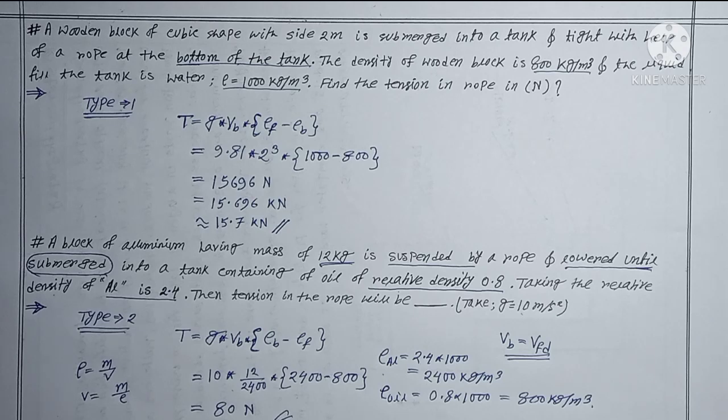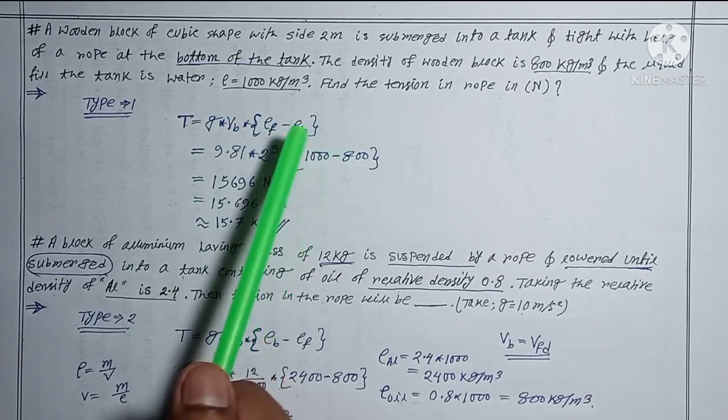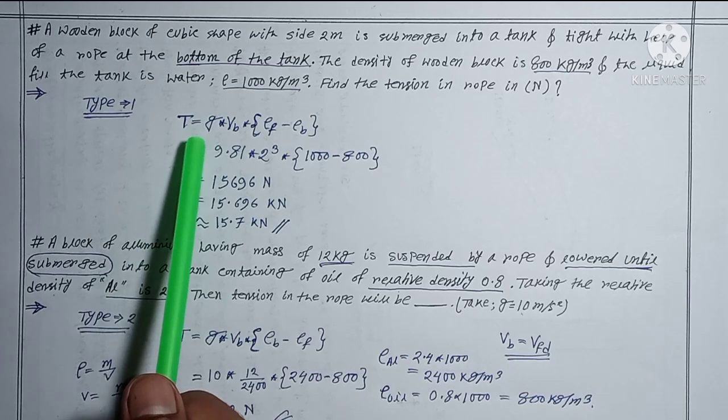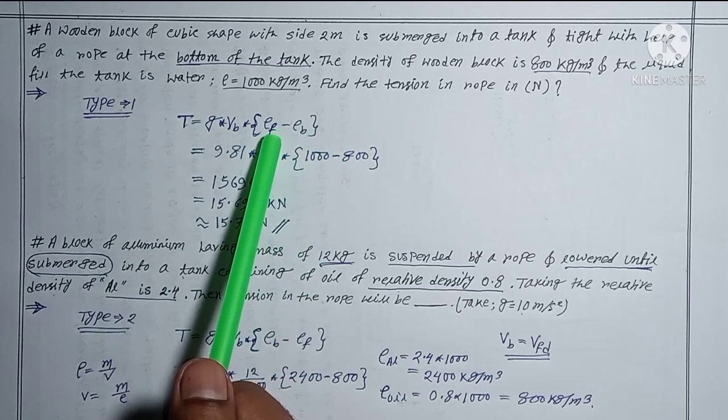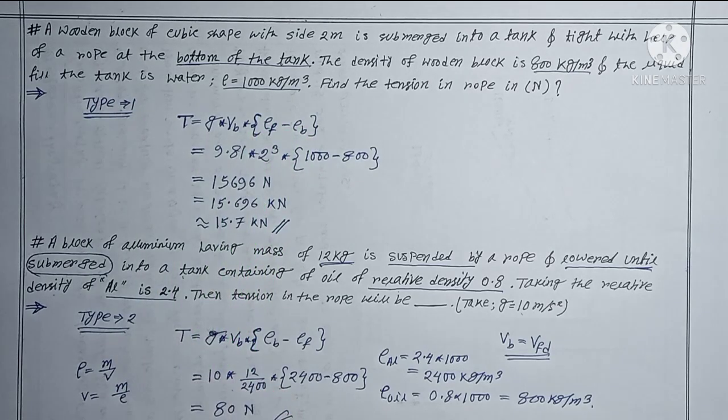Weight is rho into G into V. So in both cases G is common, if totally submerged then V you can take common, then only the difference in density. Now the difference is simple: tension will not be negative, so we have to subtract the lower density from the greater one. I hope this one is clear to you.